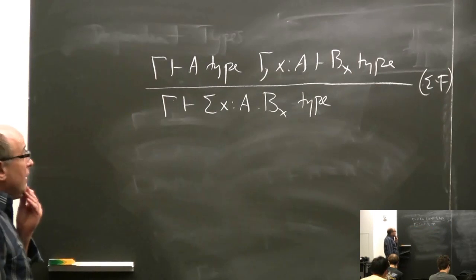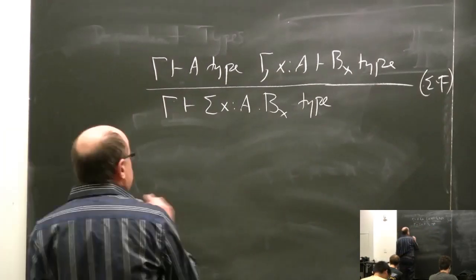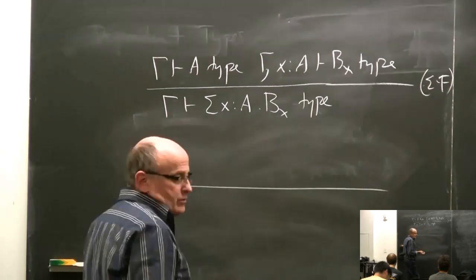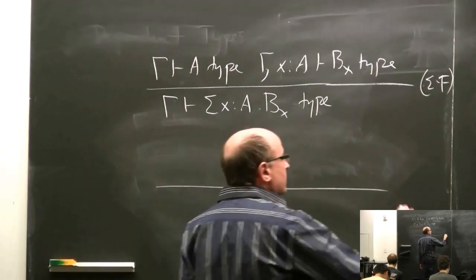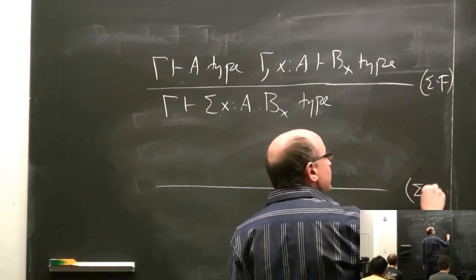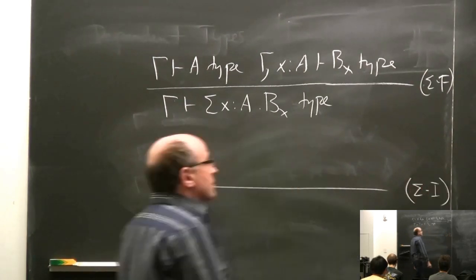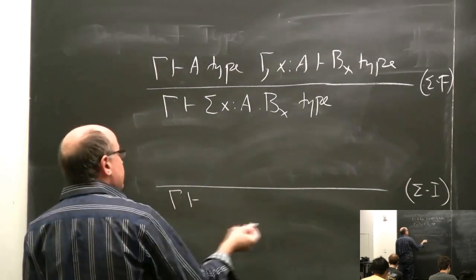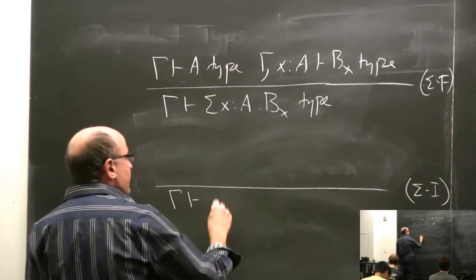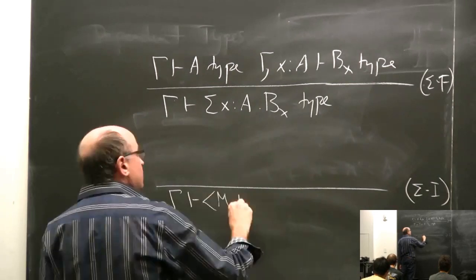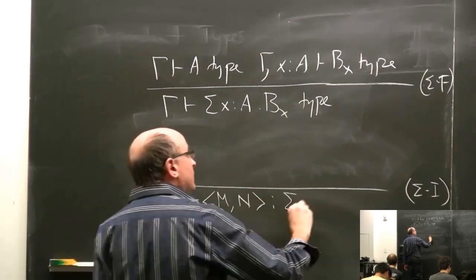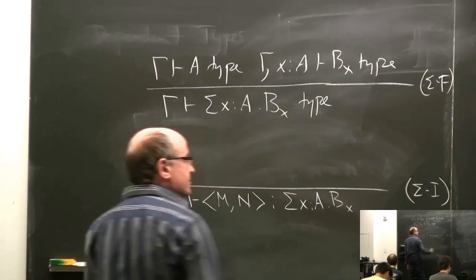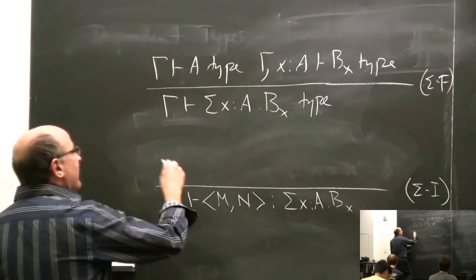Continuing with the theme that it's going to be a generalization of the product, I will have an introduction rule. What is the sigma introduction rule? The idea is that it consists of pairs, M, N, because I'm thinking of generalizing the product despite the fact that this is called the sum.